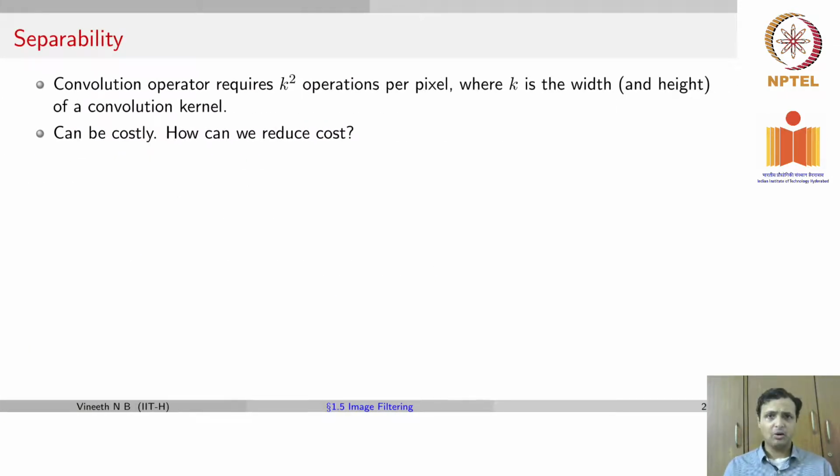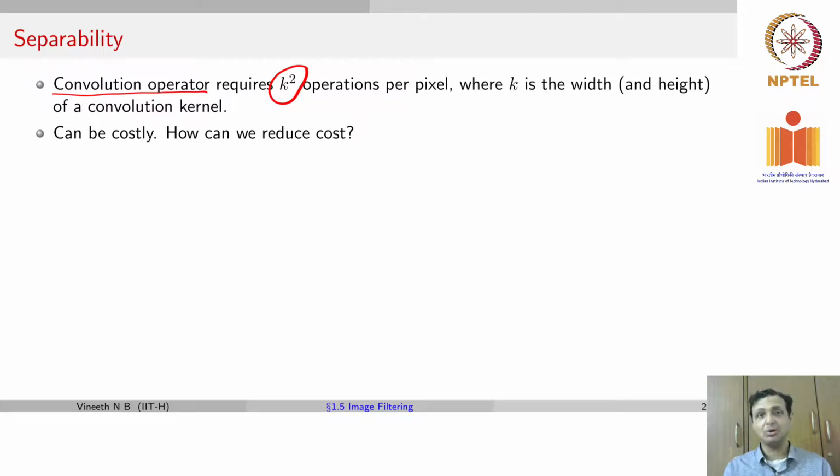Another important property of convolution is the notion of separability. A typical convolution operator requires k-square operations per pixel, assuming k cross k is your kernel. So in a 3 cross 3 kernel, if you look at a particular output pixel, you need 9 operations, 3 into 3 operations, to compute the value at that output pixel.